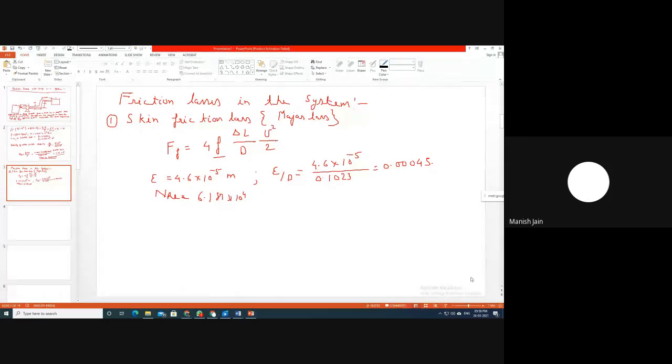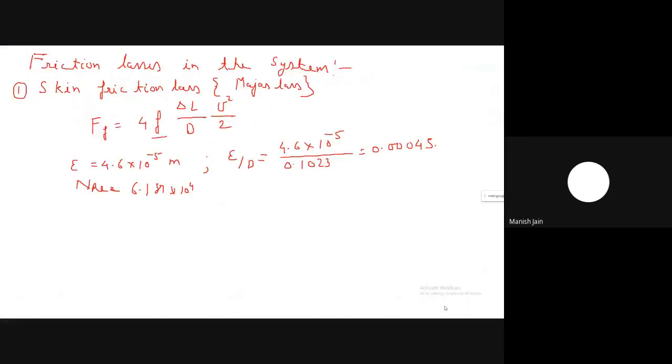Okay, so now you can use the Moody's chart. So how to use the Moody's chart? Basically, the Moody's chart is a log chart. At the y-axis, you have the logarithmic value of f, small f. At the x-axis, you have the NRe. Then you have these types of curves, which represent the different psi by D values.